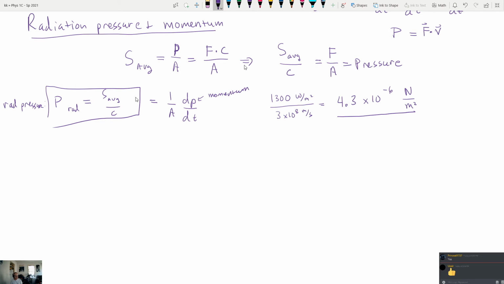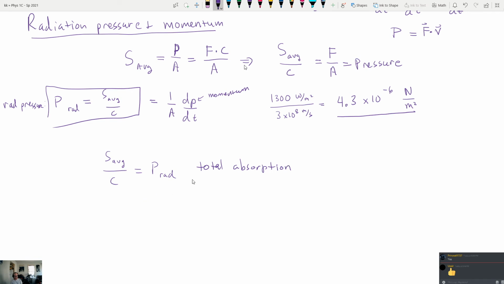So this definition of radiation pressure is kind of incomplete. We say that S average over c is the radiation pressure for total absorption, which would happen if you have a black surface, like tar or asphalt.